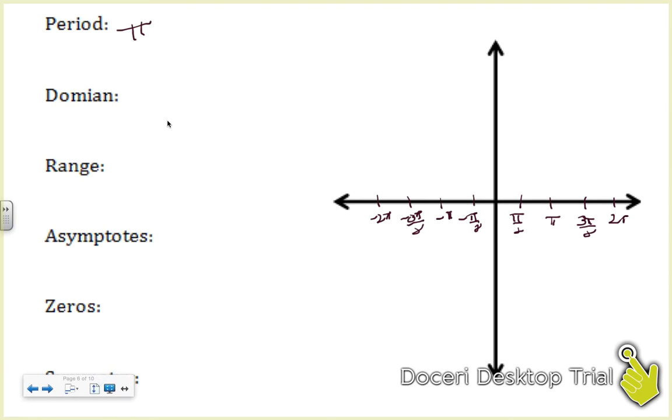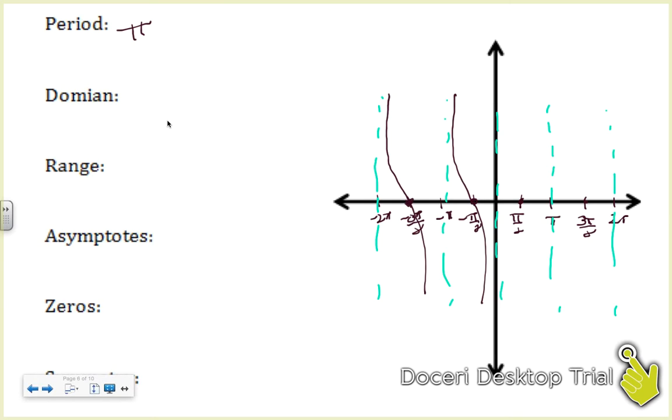You have asymptotes, which I might have to do a different color, at all the pi's. So these are going to be where your x's cannot be equal to. So this will be affecting your domain. And then all your zeros are right here. And just like I was talking about, it's going to look pretty much like a negative tangent would look. It's the flipped of that.